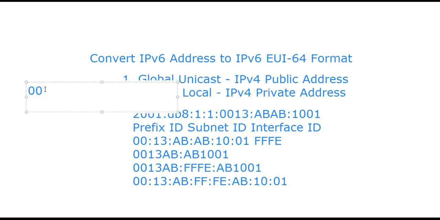So the binary would be like this. Then the next step is to flip the 7th bit. There are two conditions: if you look at the binary equivalent, if the 7th bit is 0, you have to turn it to 1, or if it is 1, you have to turn it to 0.